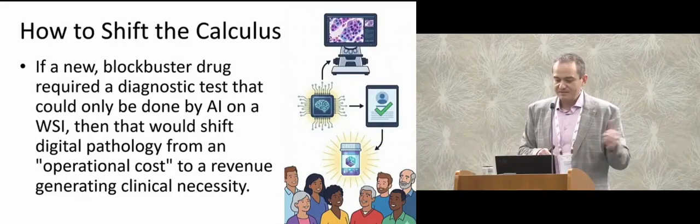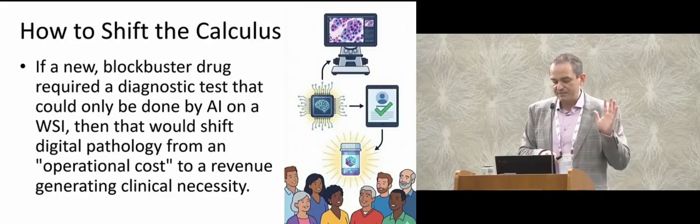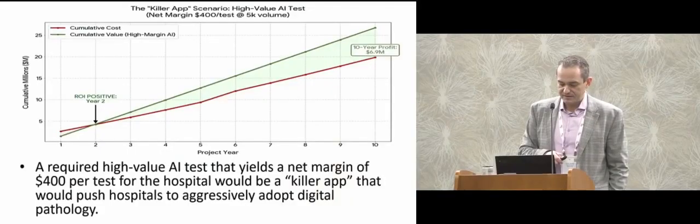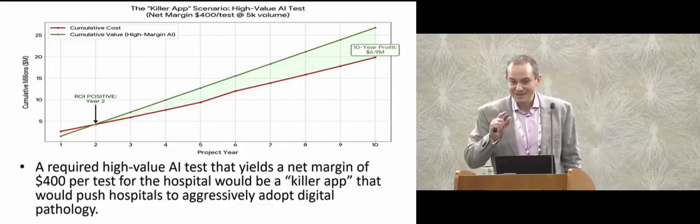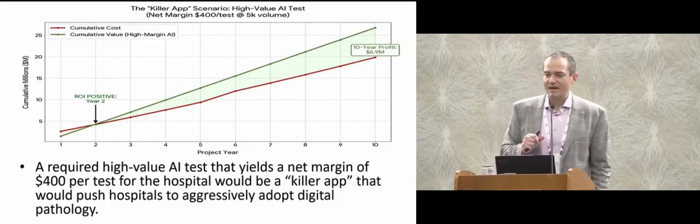But if a new blockbuster drug required a diagnostic test that would only be done with AI on a whole slide image, then that would shift digital pathology from an operational cost to a revenue-generating clinical necessity. It would need to be about $400 per test net profit for the hospital to start looking like a pretty good investment. But if somebody can do that, then hospitals are like, we better buy some scanners.